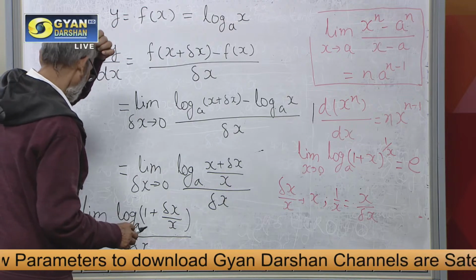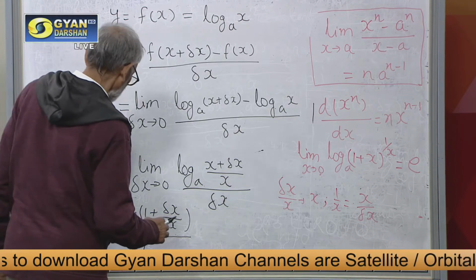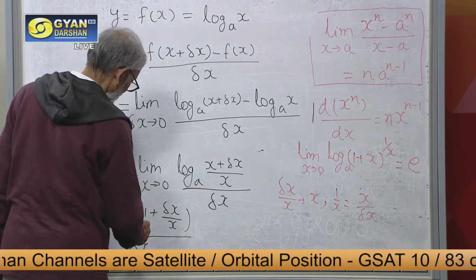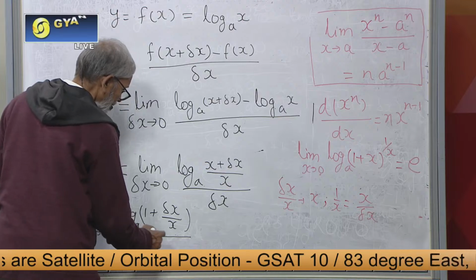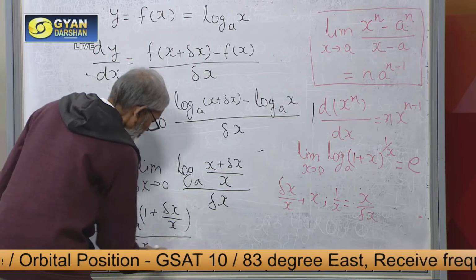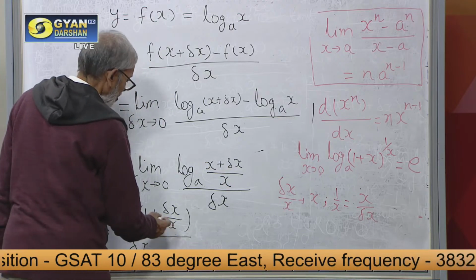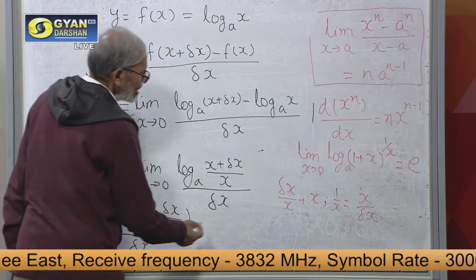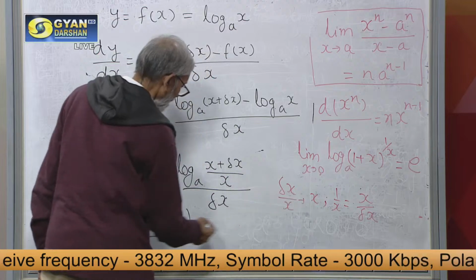So here, 1 plus delta x upon x, delta x upon x we are taking as x.